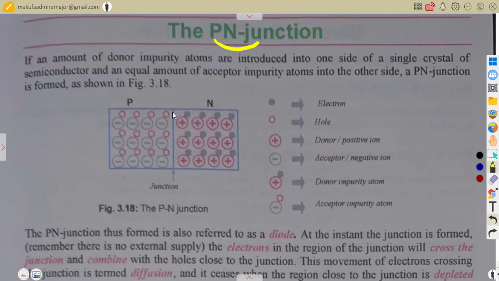So remember, P being positive, N for the negative. There is the negative on one side, and the positive on the other side.